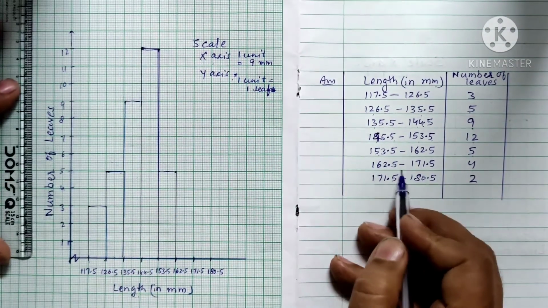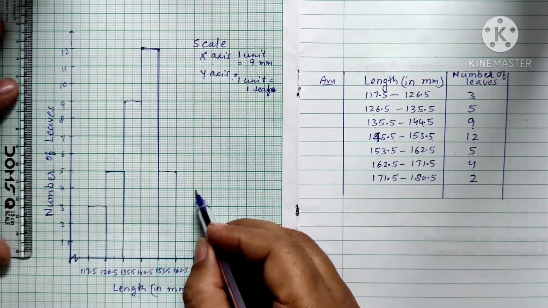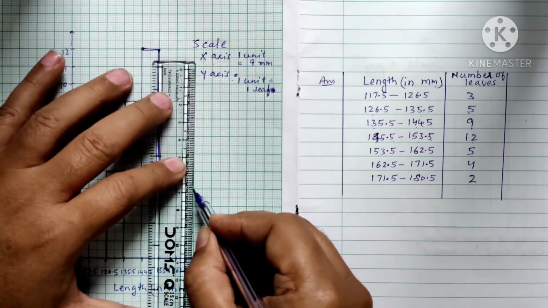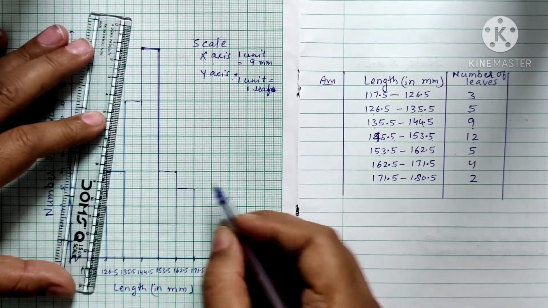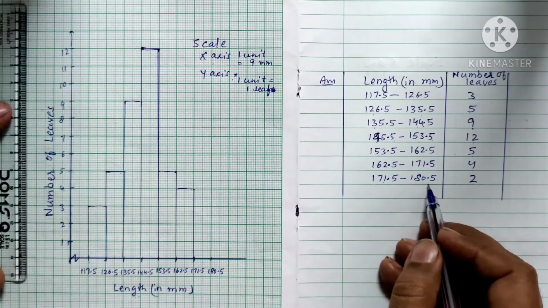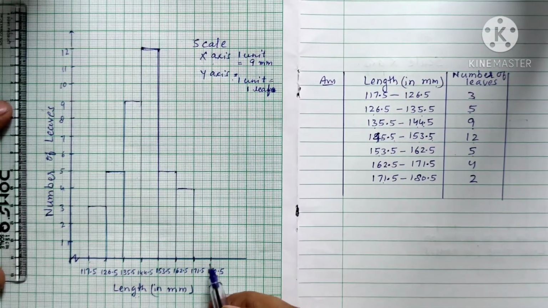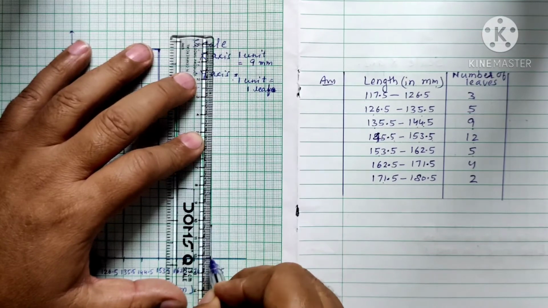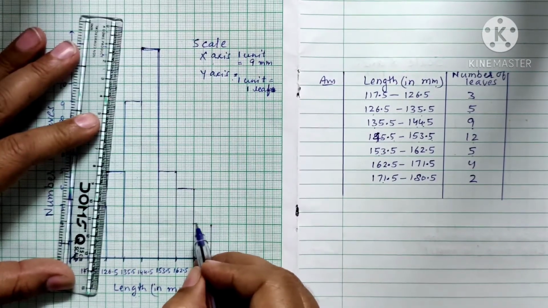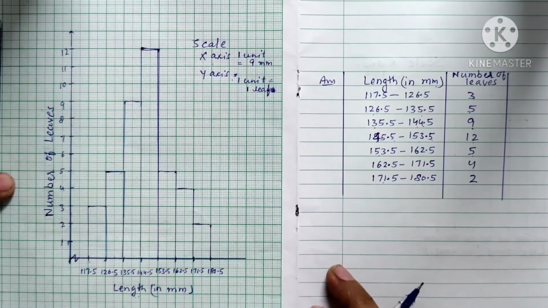Okay, now from 162.5 to 171.5, the number of leaves is 4, so we'll go up to 4. Now the last class interval is 171.5 to 180.5, and the number of leaves is 2. So this finishes our last class interval. So this is the histogram of the following table.